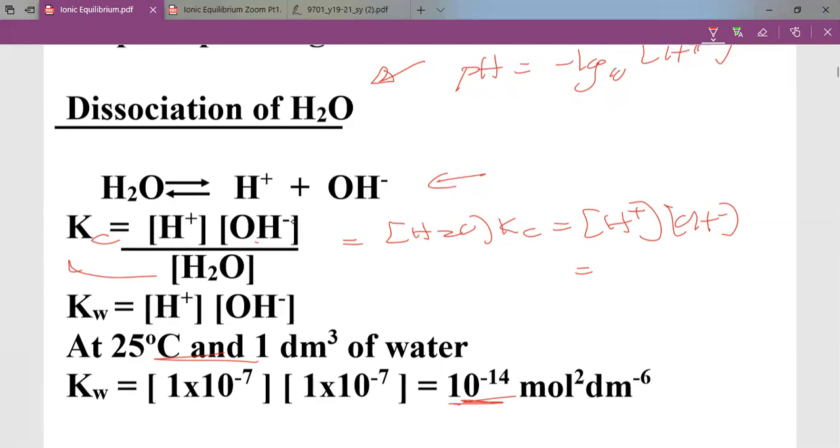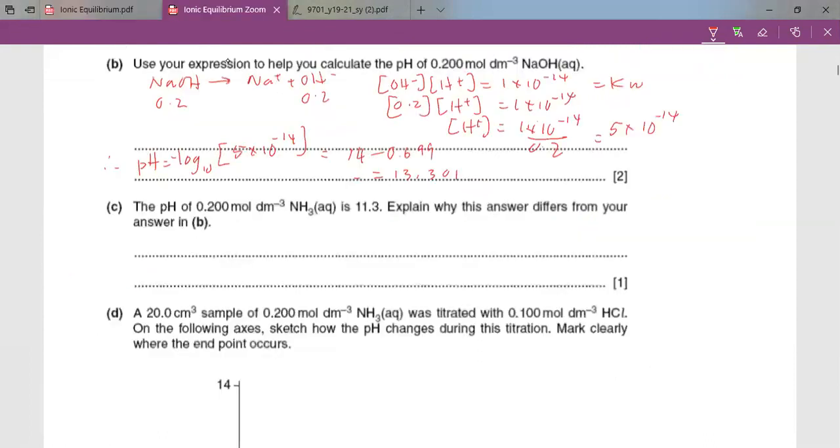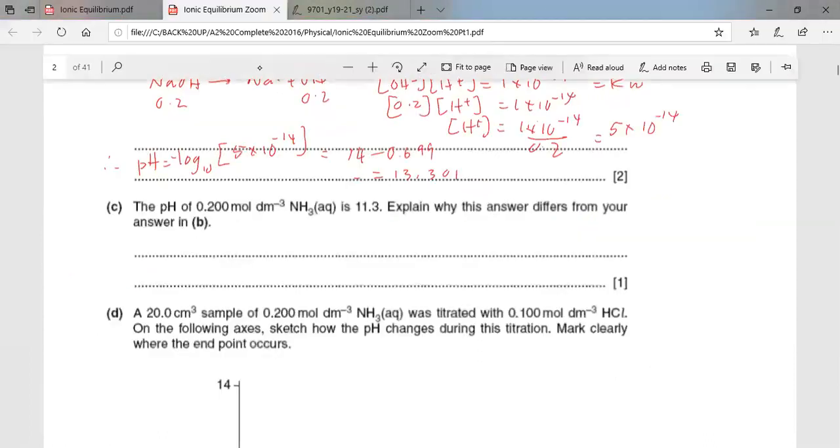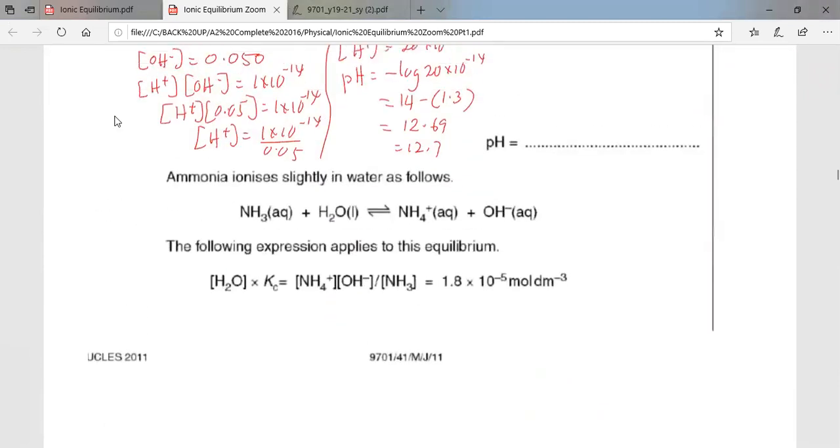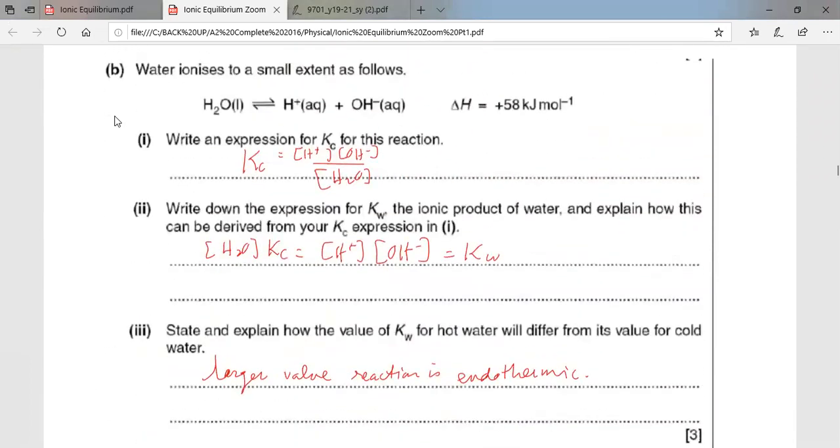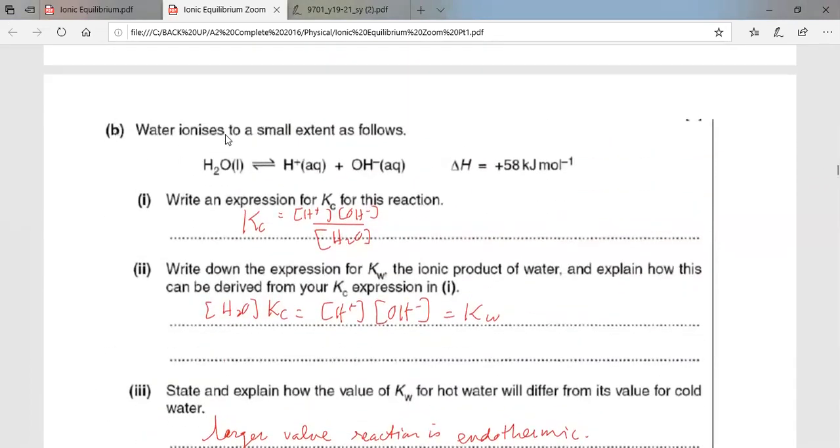I'm going to show you a question. It's quite a ridiculous one. They actually ask you on this. Okay, page 13 of this first 13. Here we are. See now, water ionizes to a small extent.